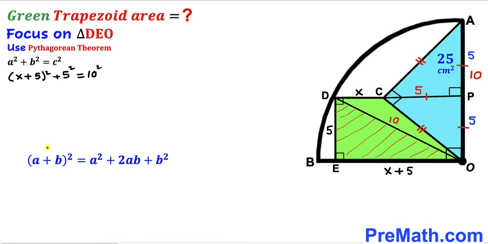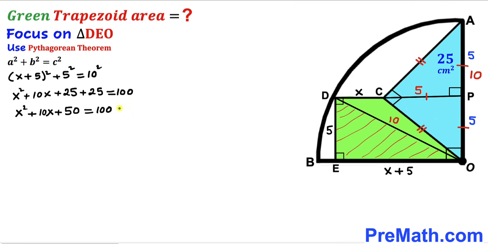And now let's recall this famous identity: a plus b whole square could be written as a square plus 2ab plus b square. We are going to apply this identity on this binomial on the left hand side. So therefore this is going to give us x square plus 10x plus 25, and plus 5 square is going to be 25 once again, equals to 10 square is 100.